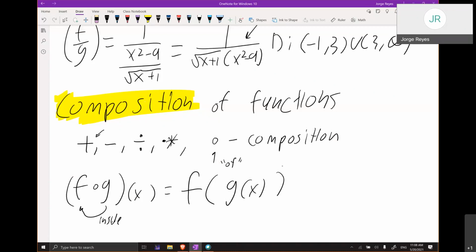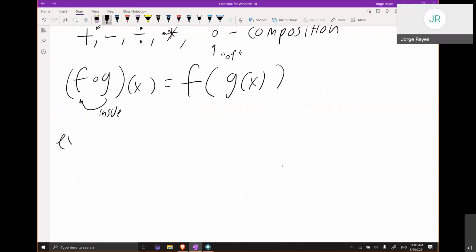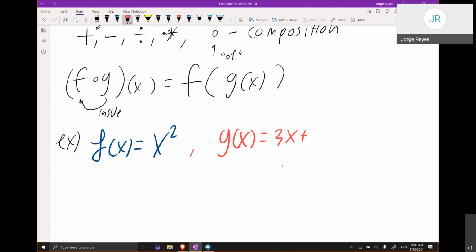This is where color coding becomes very important. Here I have f of x equals x squared, and here I'm going to have g of x equal to 3x plus 1. Now, remember when we were doing the difference quotient and I plugged in a plus h? It's kind of the same thing.